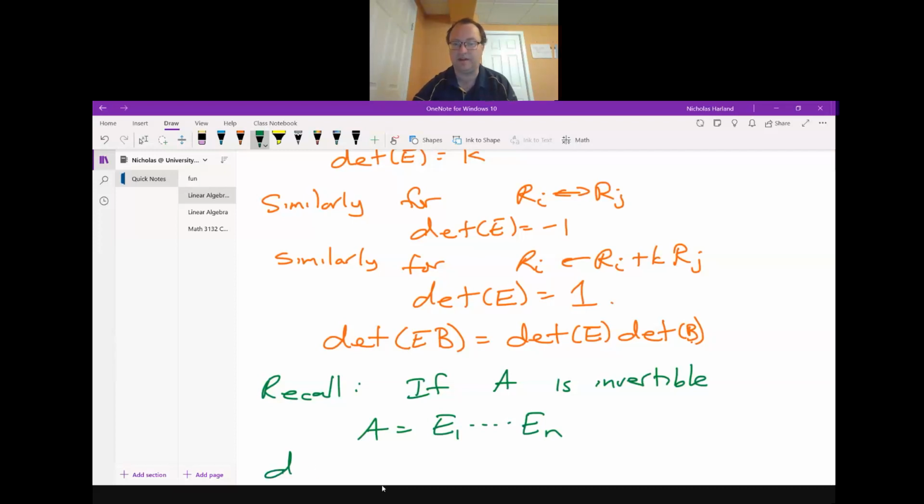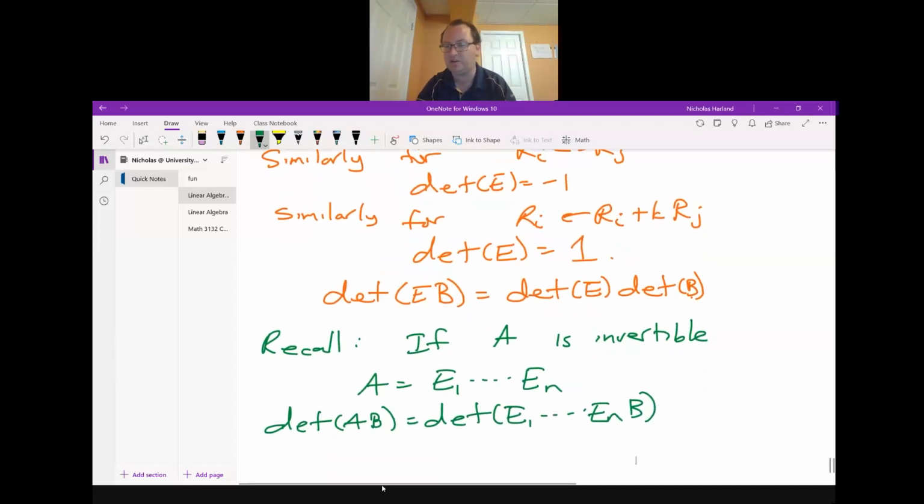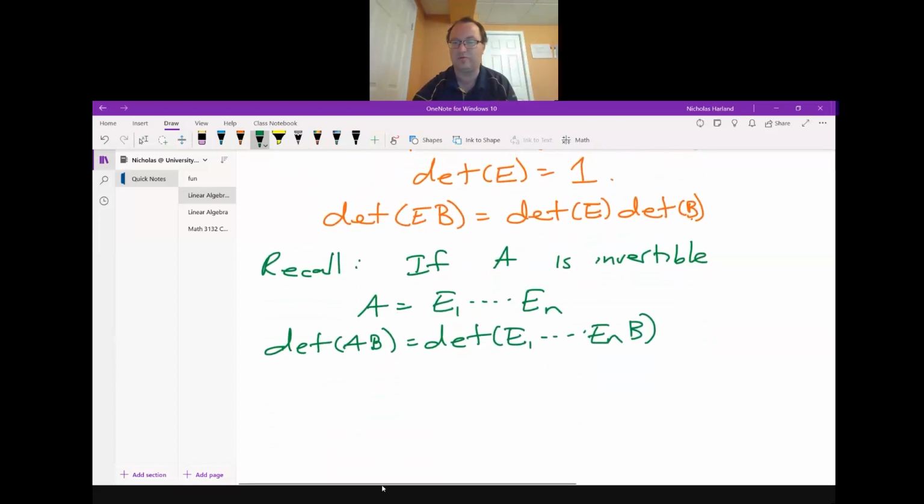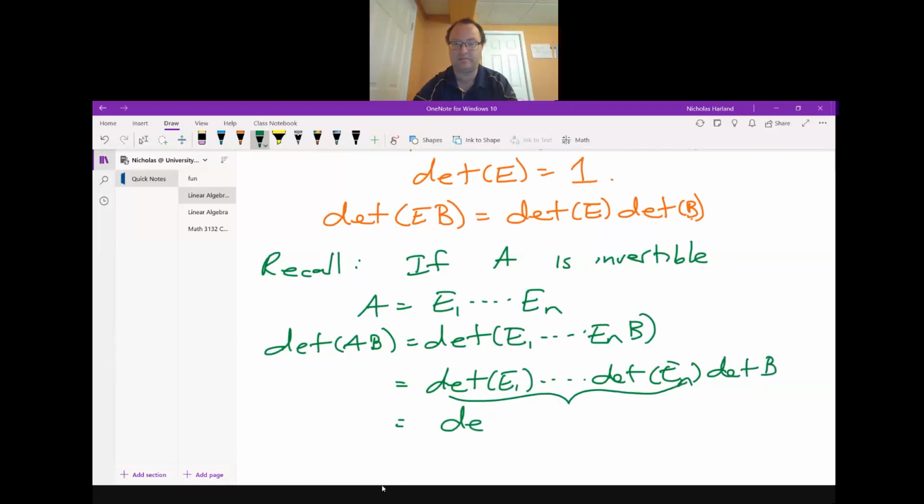And so the determinant of A times B is going to be the determinant of all of these elementary matrices multiplied together times B. And now we can use the elementary matrix rule over and over and over again, and then we can slam these determinants back together. Of course, that's a big if to say if the matrix is invertible, but we certainly get this right here.